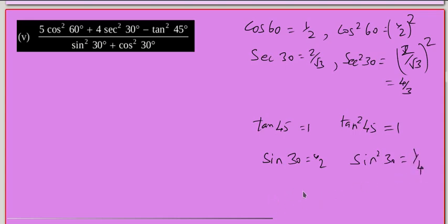Next, cos square 30. Cos 30 is root 3 by 2, and cos square 30 is root 3 by 2 the whole square. So root 3 square is 3, divided by 2 square is 4, 3 by 4. Now let me substitute all these values.